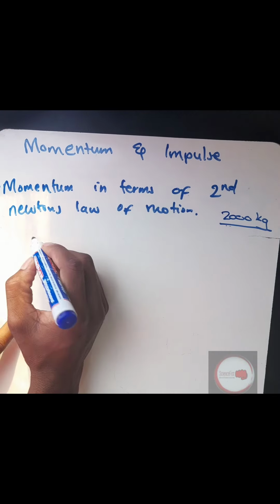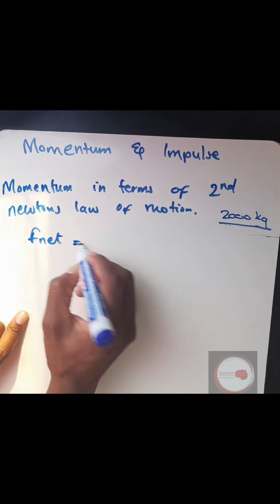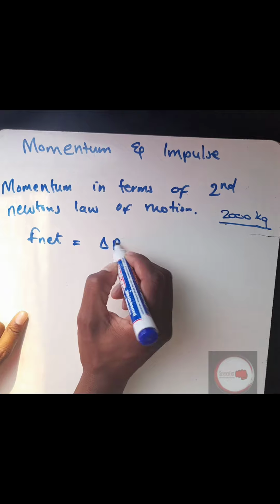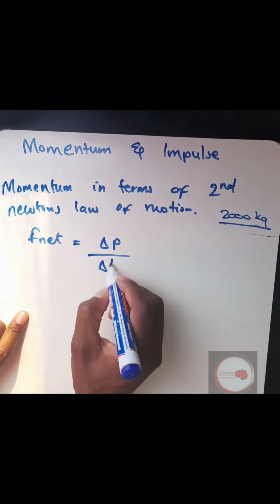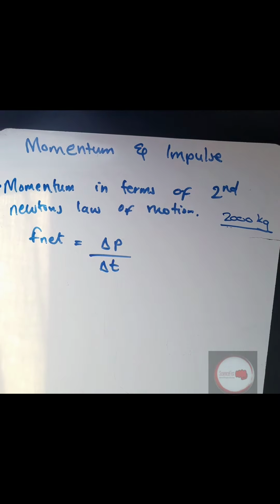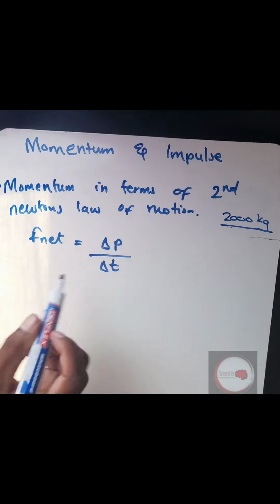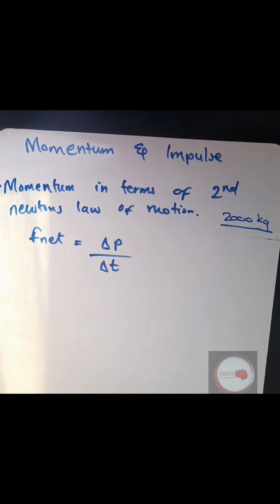So now we realize that we can write Newton's second law of motion in terms of momentum. Don't be shocked or nervous when you get a question that is asking you about momentum, yet you are working with the second law of motion.